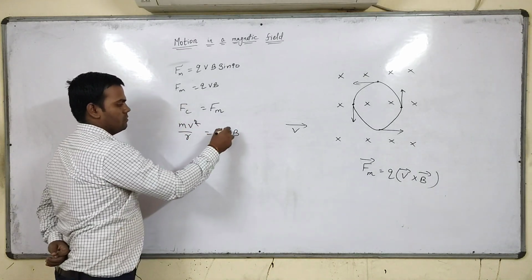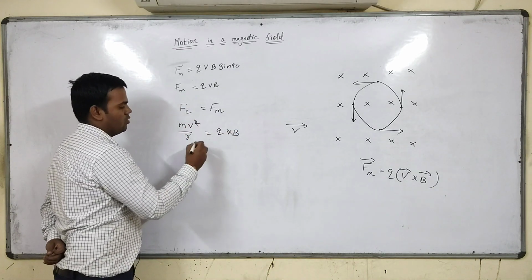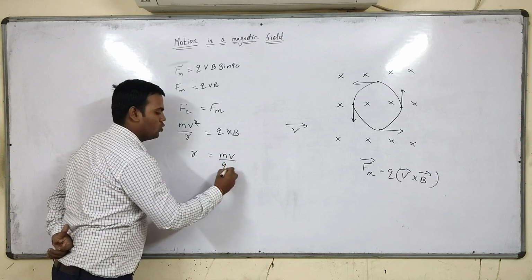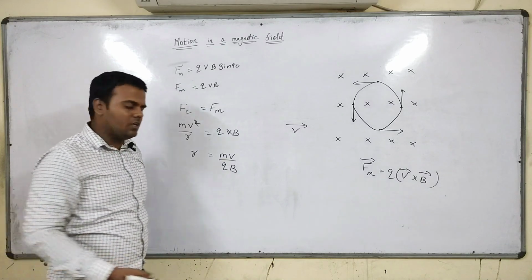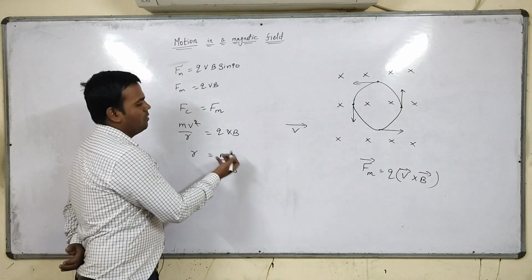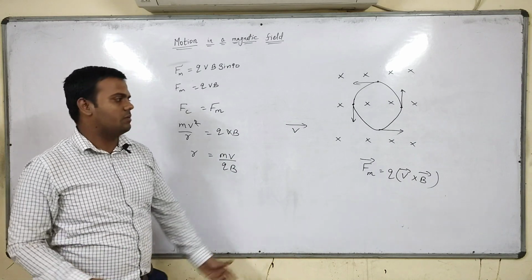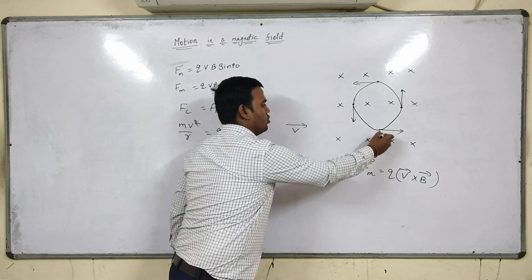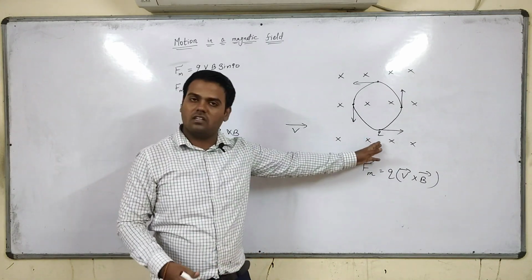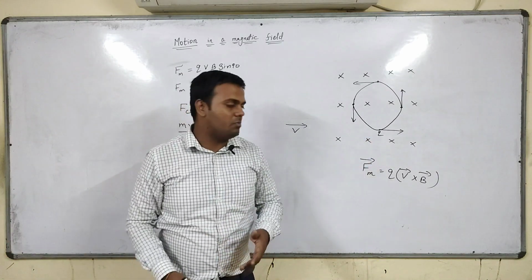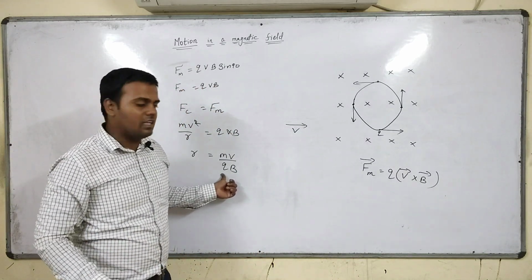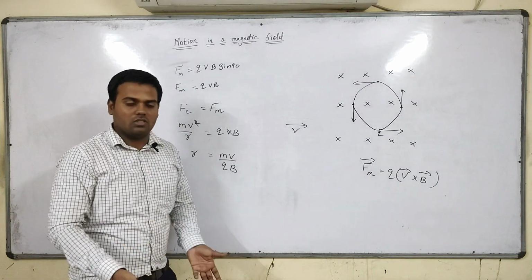Then the radius of the charged particle is m v by q B. If we take the magnetic field as constant, then the mass of the charged particle is constant. Suppose that the charged particle is an electron, then its mass is constant, 9.11 times 10 to the power minus 31 kg, its charge is 1.6 times 10 to the power minus 19, and the magnetic field is constant.